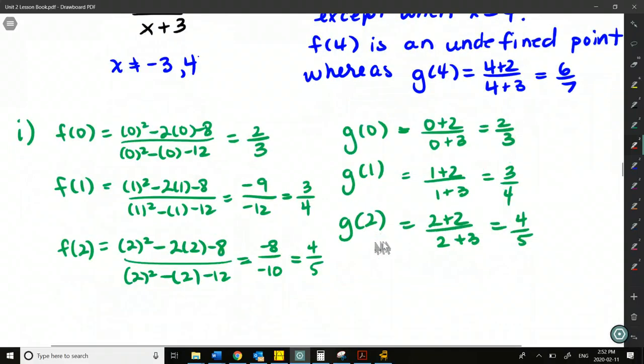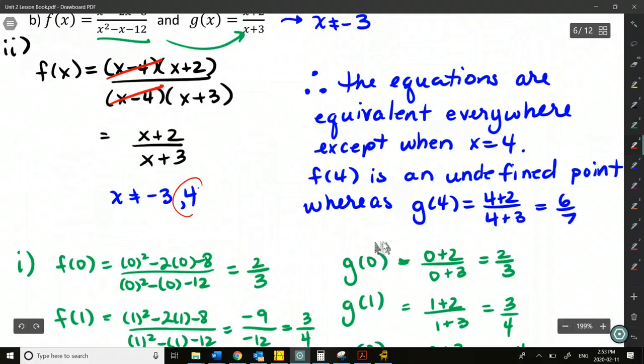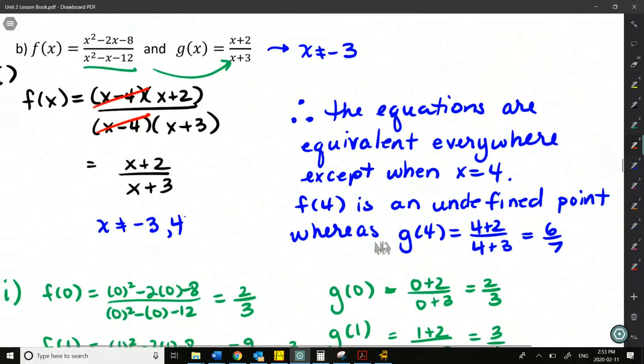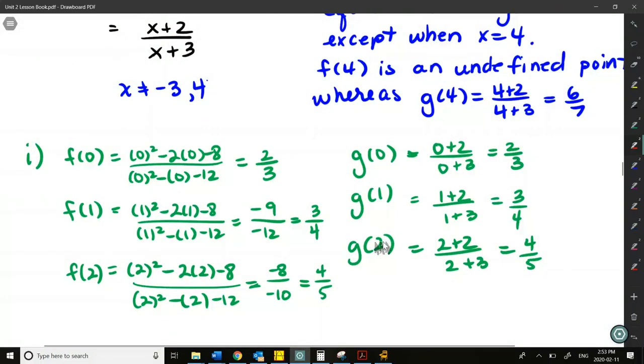So if we were just testing numbers in here, we would assume that these equations are equivalent. But we know at x equals 4, there's a restriction in f at x. So we would have to look at both of those things to decide whether those are equivalent or not. Okay, but we could probably make a pretty confident statement that these equations are equivalent, right?